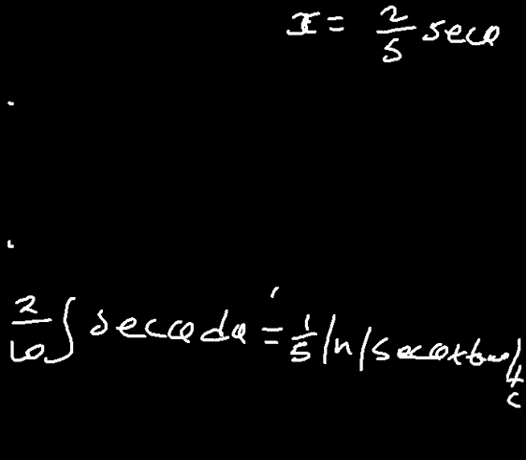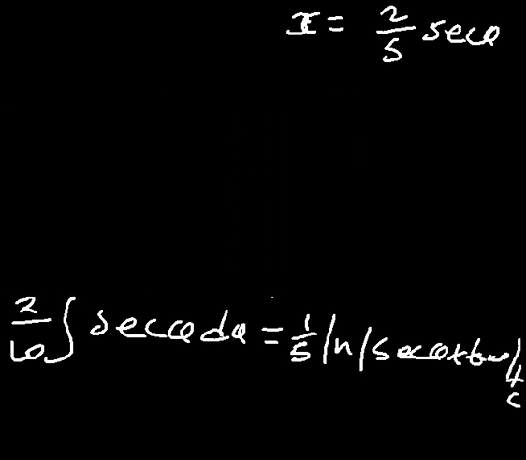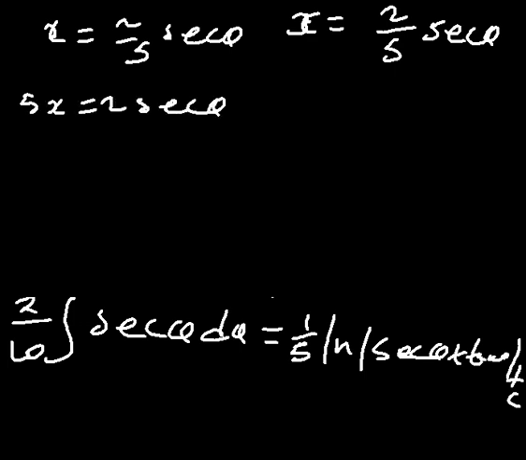We should hold it as x equal to 2 over 5 sec theta, that is the same as 5x equal to 2 sec theta, with sec theta as the subject, sec theta equal to 5x over 2, of course.